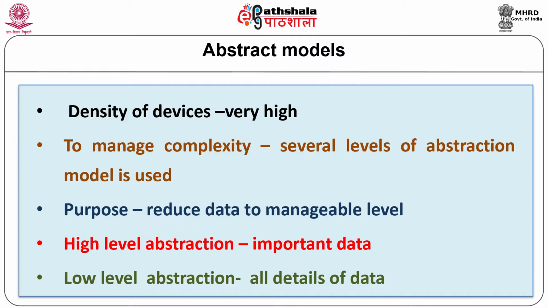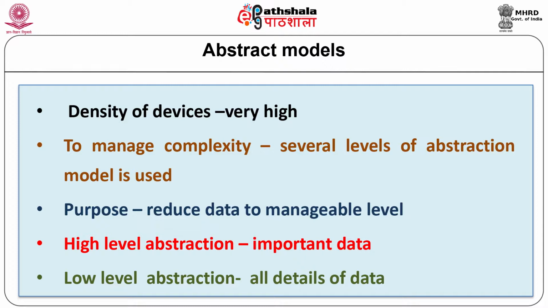An abstraction is a simplified model of the system. It shows only the important features, ignoring associated details. The main purpose of an abstraction is to reduce the amount of data to a manageable level, so that only critical information is presented. A high level of abstraction is focused and contains only the most vital data.